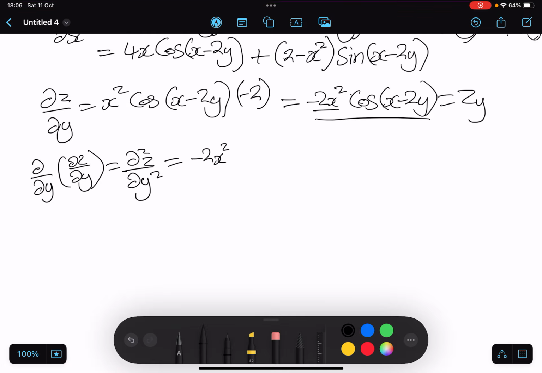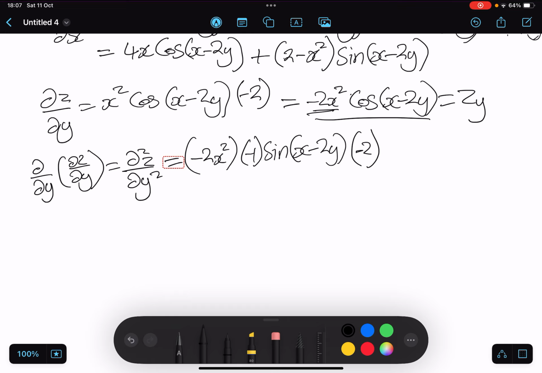We have minus 2x squared, which is our constant, and then we're differentiating cos(x minus 2y). When you differentiate cos, it's going to be negative sine(x minus 2y), and then we differentiate what is inside. X is a constant, so we are going to have minus 2, so the negatives give a positive.